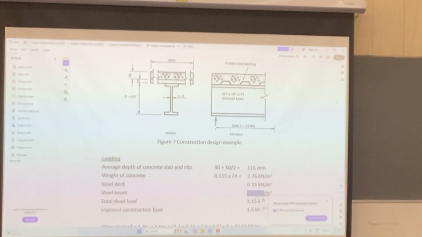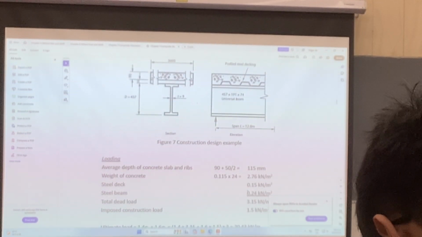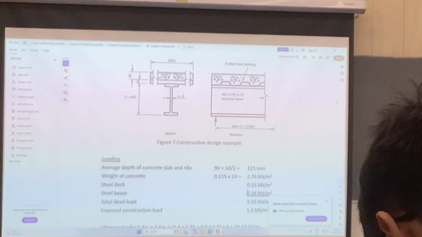You can see how this 0.24 kN per square comes out. It is 74 times 9.81, the total load of the beam itself, divided by the 3 meter width. Okay, you can try that.